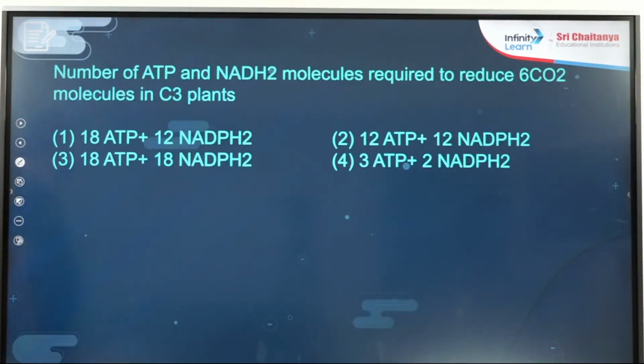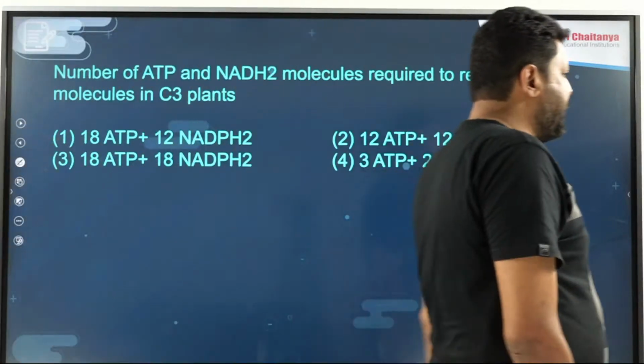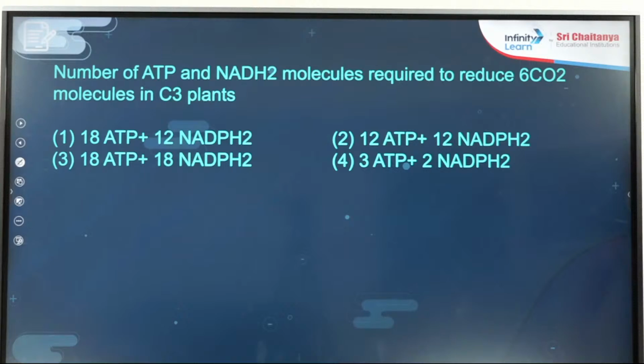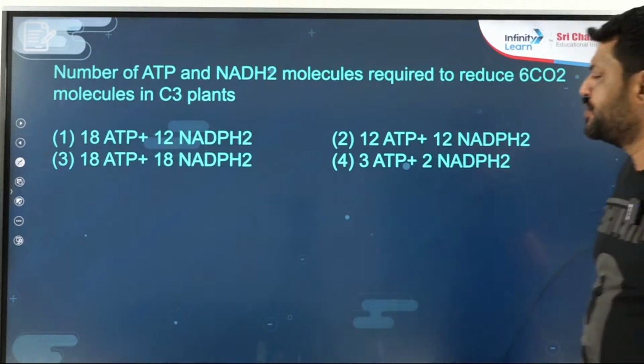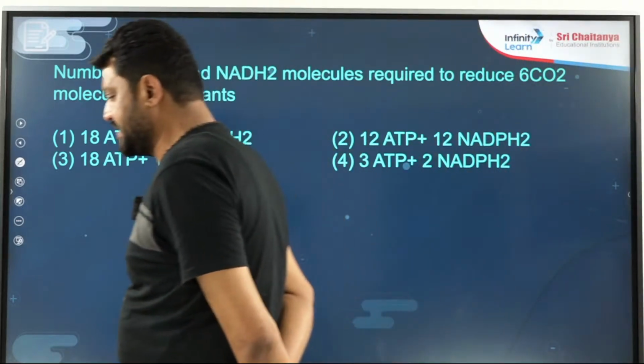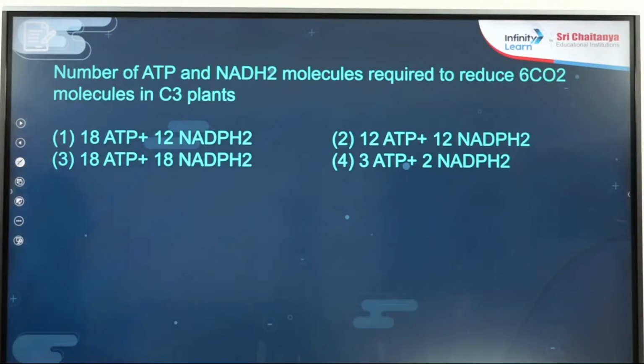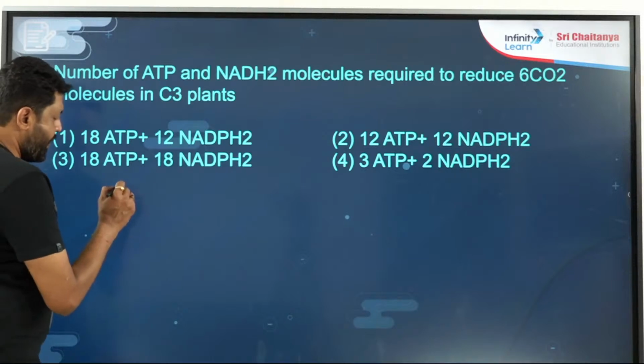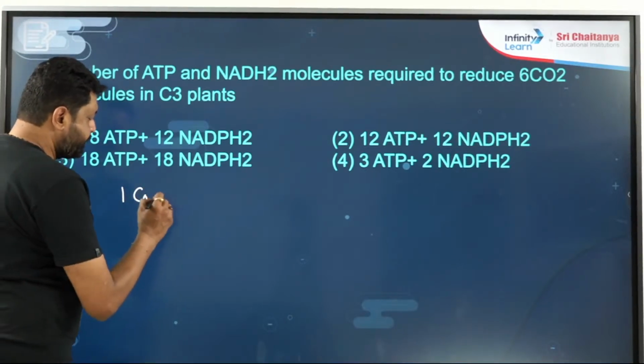This is also PYQ. And next question, number of ATP and NADPH2 molecules required to reduce 6 CO2 molecules in C3 plants. Very clear.